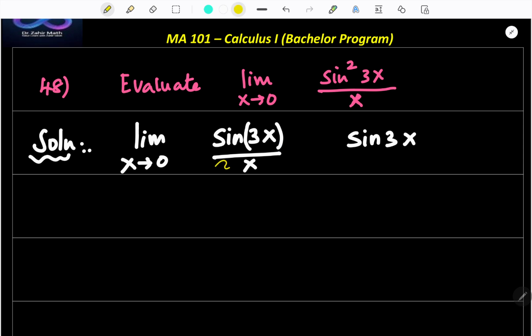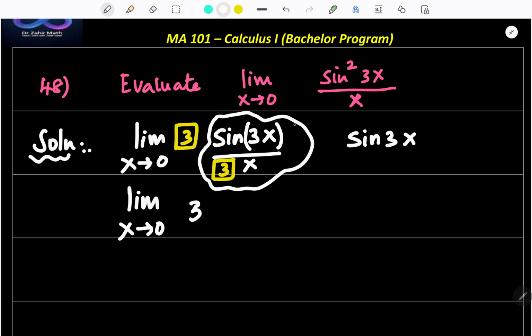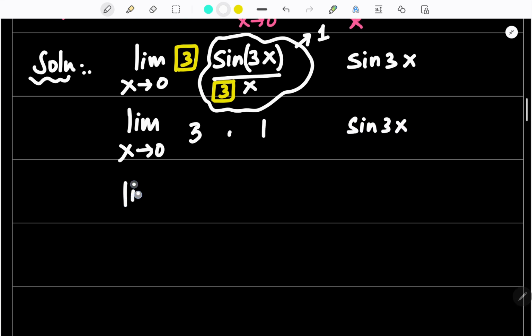So I want 3 here. So I divide by 3 and I multiply by 3. So what happened to the expression now? Limit x goes to 0, 3 times sine 3x divided by 3x, which is 1. So 3 times 1 and then sine 3x. So therefore limit x goes to 0, 3 sine 3x.